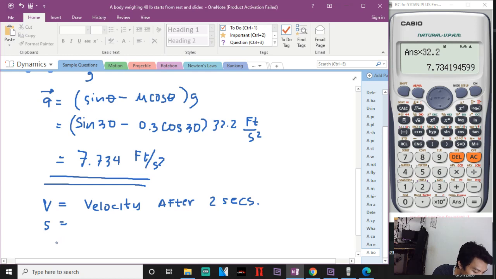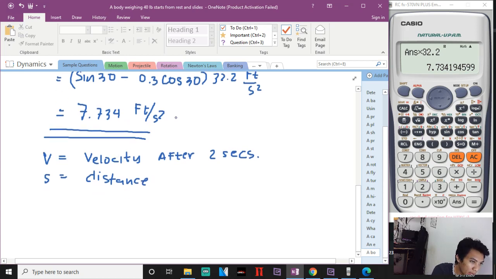Okay? Yung hahanapin natin. So, after 1 second, after nun, mahanap na natin. Ito yung distance. Medyo mahaba itong problem na ito. Okay? Now, meron na tayong acceleration, yes. Ito pa hinahanap natin.